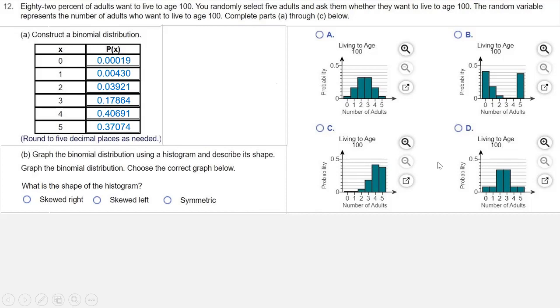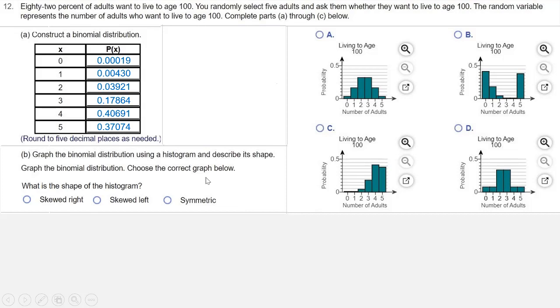So if we look at x equals 4, is that the highest bar? For graph A, it's not. If we go to graph B, it's definitely not. It actually looks like the lowest bar. For graph C, it is the highest bar. And for graph D, it's not. So the only possible answer here for the choices that we were given is answer C.